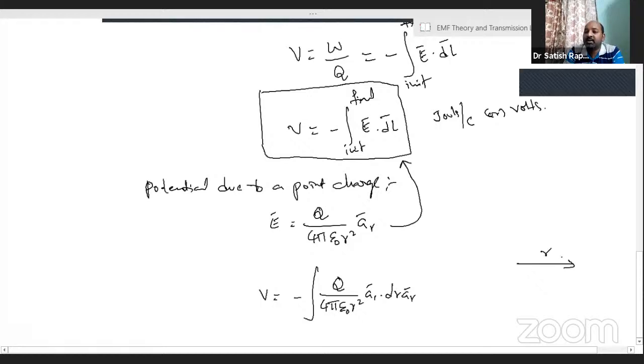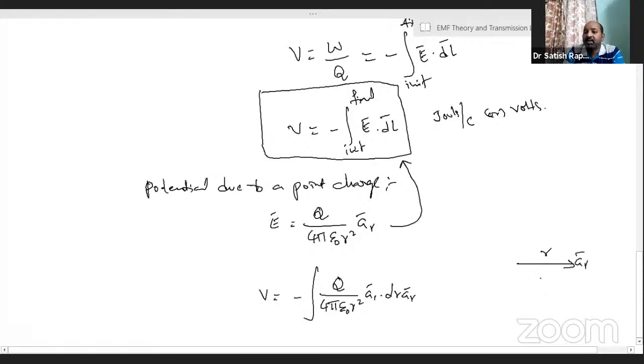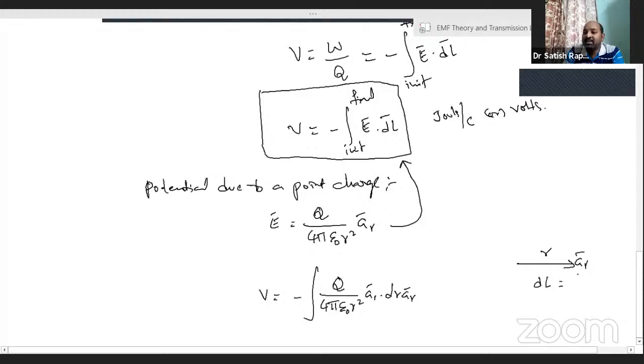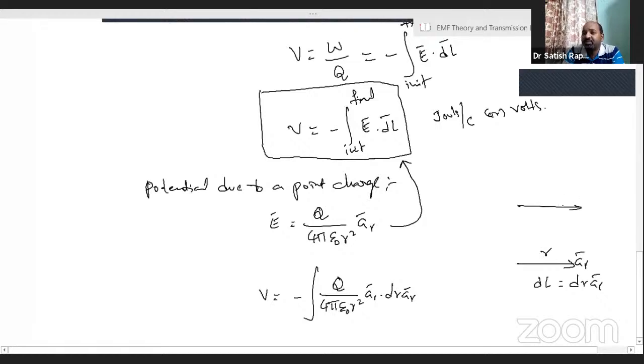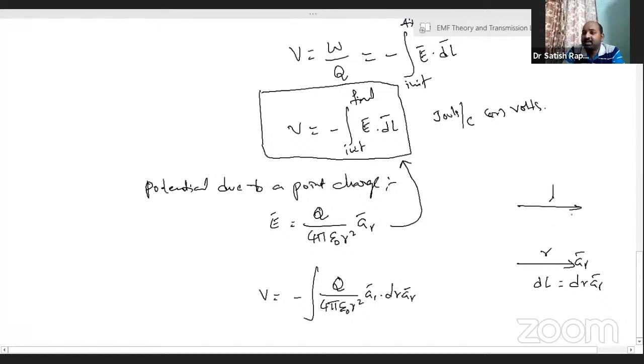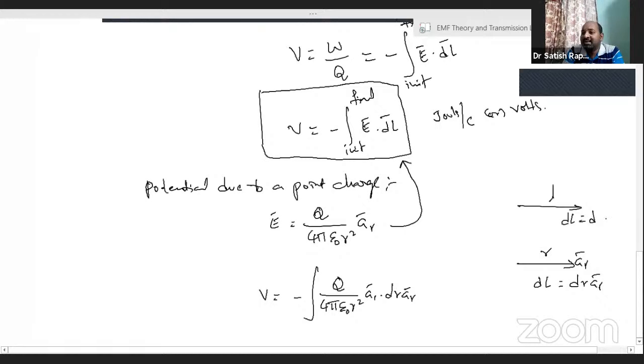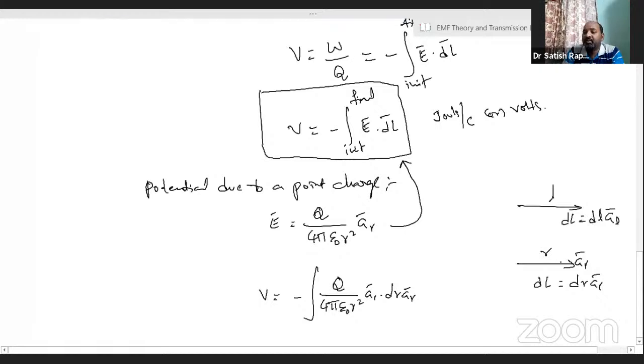If this is a length L, then DL is equal to DL AL bar. Whatever component we represent with, we can express. DL is equal to dr AR bar.